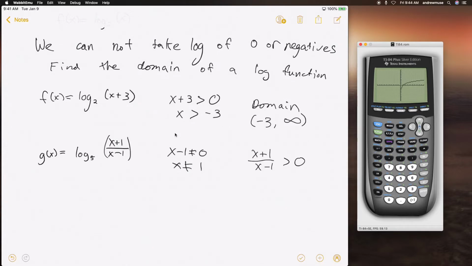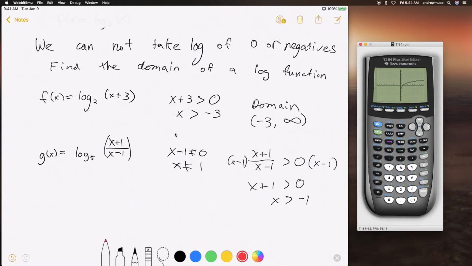Now if I multiply both sides by x minus 1 to get rid of that fraction, on the right hand side it's still 0. So that's all we have to solve right there. So x always has to be greater than negative 1. So we have two constraints on our domain.